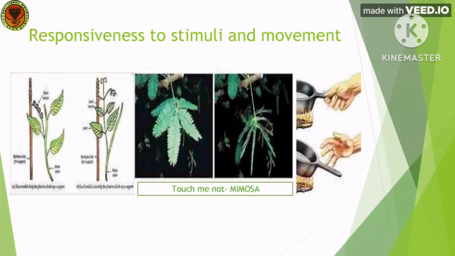Responsiveness to stimuli and movement. Every living thing acts in a different way when responding to a stimulus. A creeper planted in the courtyard leans toward the support. A potted plant placed in the window grows toward the sunlight. It means that plants too show movement.